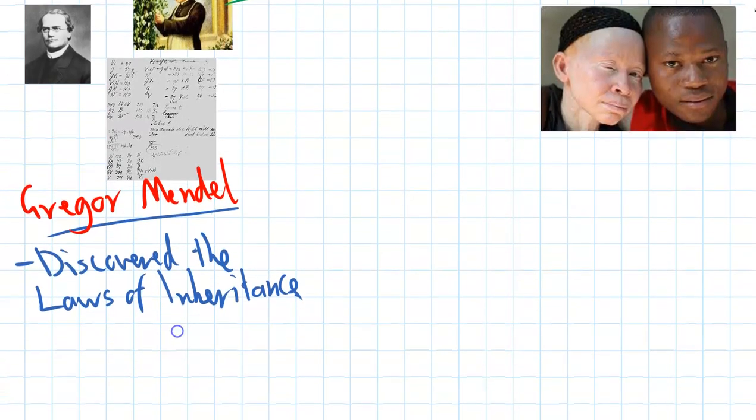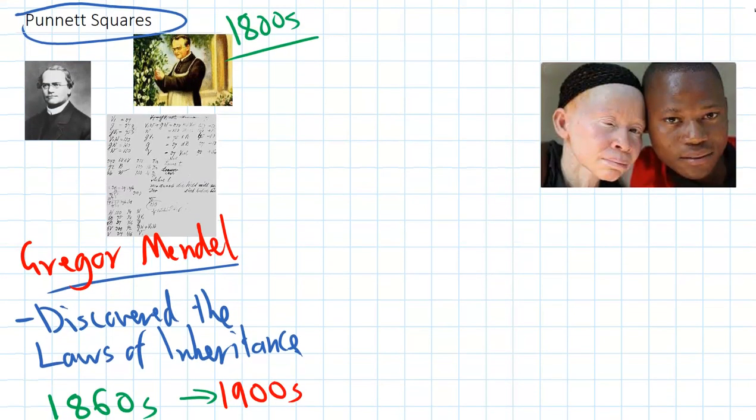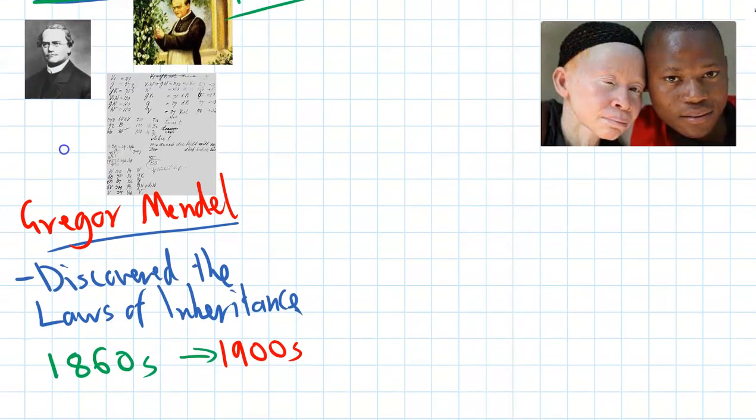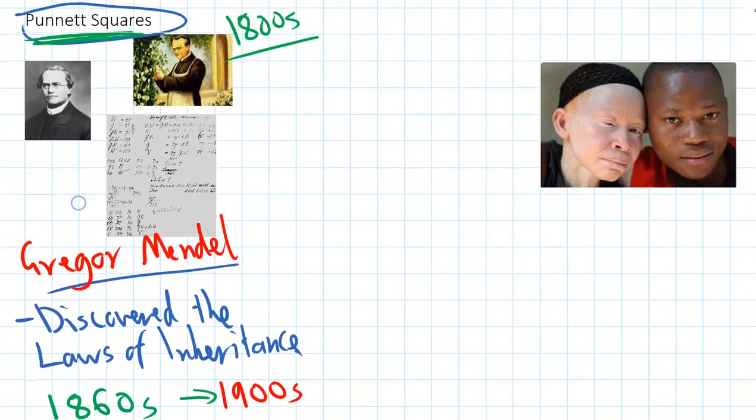So he did his main work in about the 1860s. People didn't discover his work or realize how significant it was until the 1900s, the 20th century. And Punnett Squares was one of the main tools he used to do all his scientific discovery.